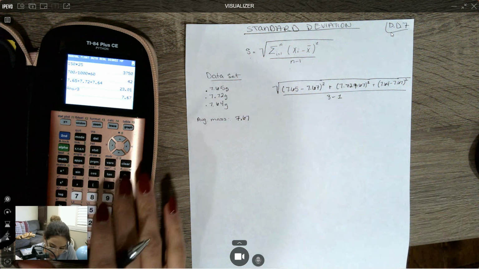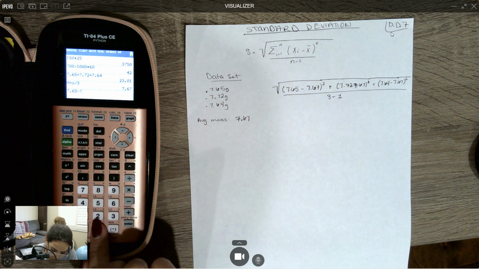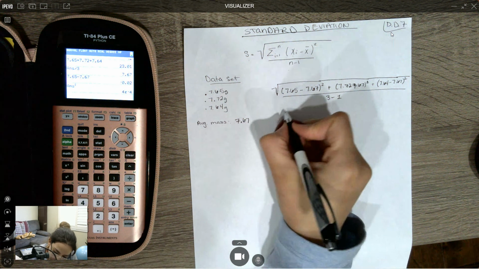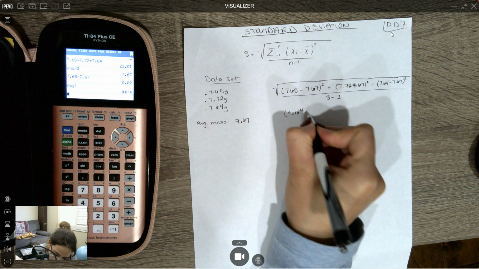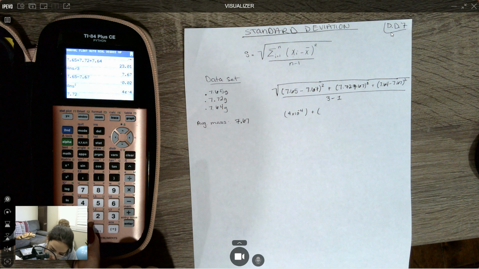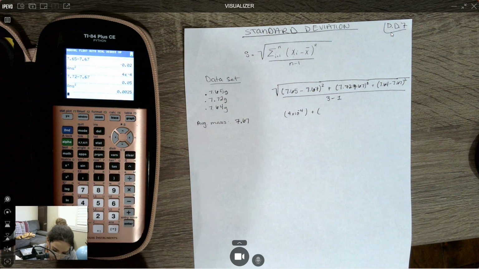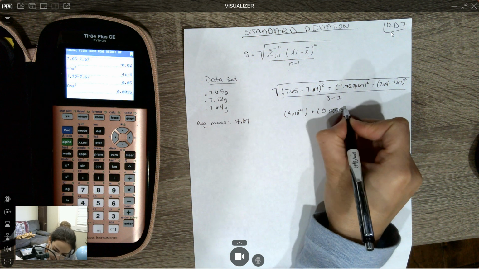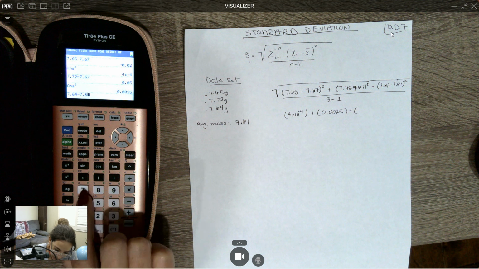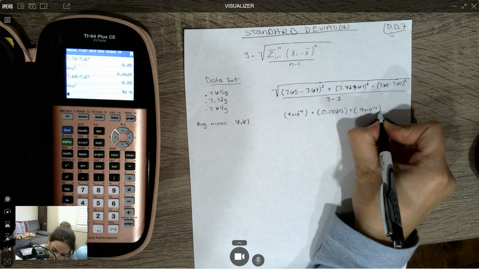Okay, let's go ahead and plug this into our calculator and see what we get. We get 7.65 minus 7.67 equals to that, and I'm going to square it, and I get 4 times 10 to the negative 4, plus the next data set, which is 7.72 minus 7.67 squared, and I get 0.0025, plus 7.64 minus 7.67 squared, and I get 9 times 10 to the negative 4.